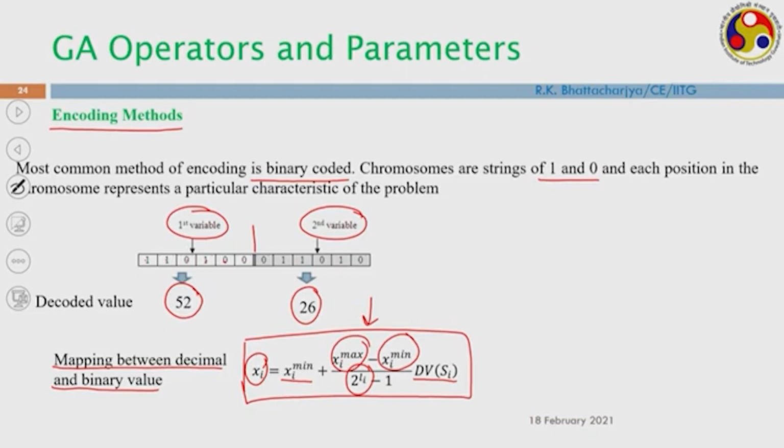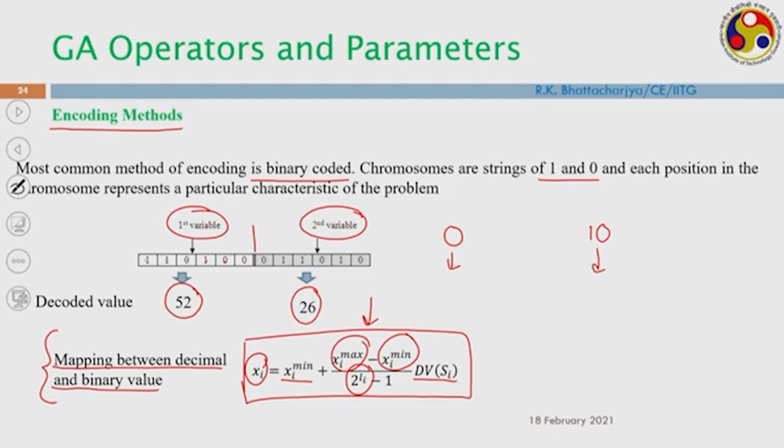Suppose I would like this variable to have a lower bound of 0 and an upper bound of, say, 10. If you are using all zeros, then you will get the lower bound, and if you are getting all ones, then you will get the upper bound using this mapping.